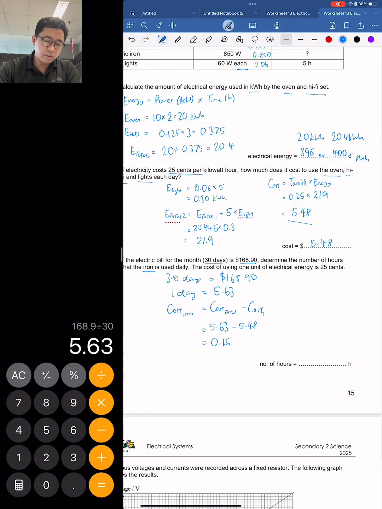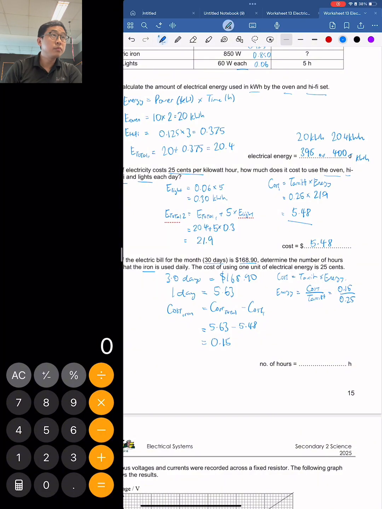So now we have the cost. So once again, cost equals tariff times energy. So if I calculate the energy, we take the cost divided by the tariff. In this case, it's 0.15 over 0.25. Equals 0.6 kilowatt hour.